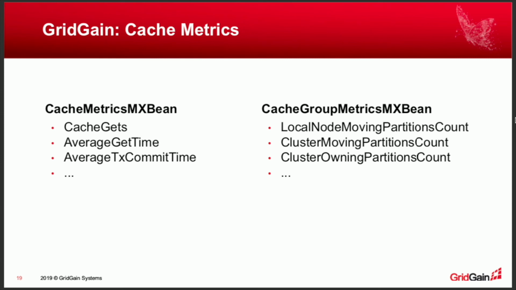But the data region is an entity that makes sense only on a single node, so you can enable it on every node separately. And lastly, can I configure them at runtime? These metrics can be enabled at runtime. Also for data storage, you can enable them using JMX, so they are available.